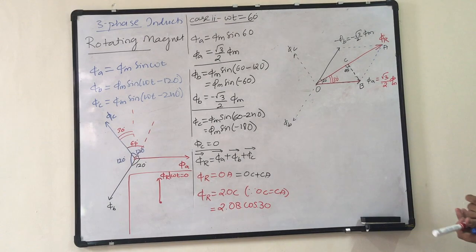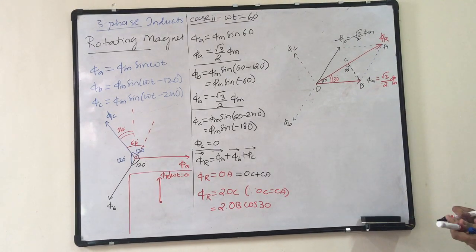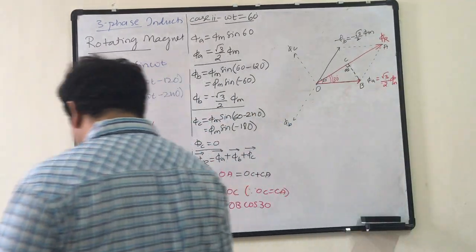OB is the hypotenuse in this triangle. OC is the base and CB is the opposite side. I want the base, so I use the cos function. Now, what is OB cos 30?